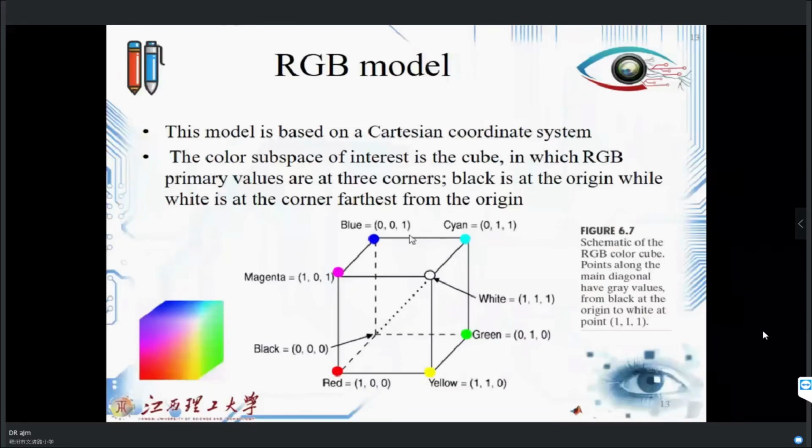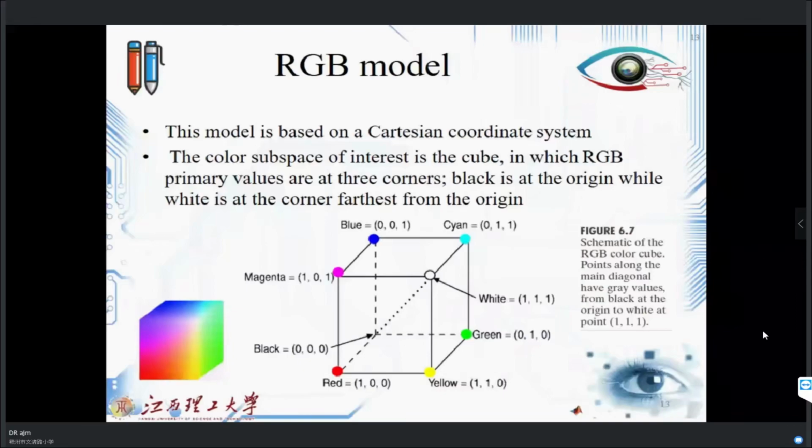The color subspace of interest is the cube, in which the RGB primary values are at three corners, you can see, and black is at the origin. This point is the black, which obviously should be represented with the values of R, G, and B equal to 0, and that is what we show here as 0, 0, 0.